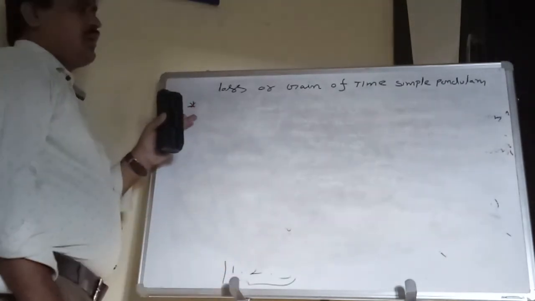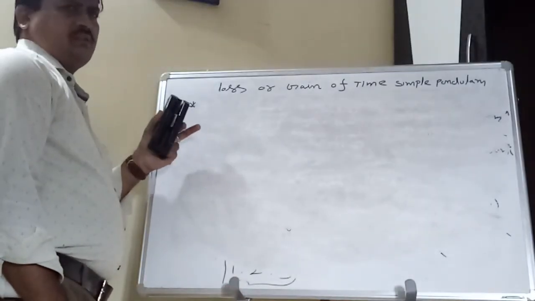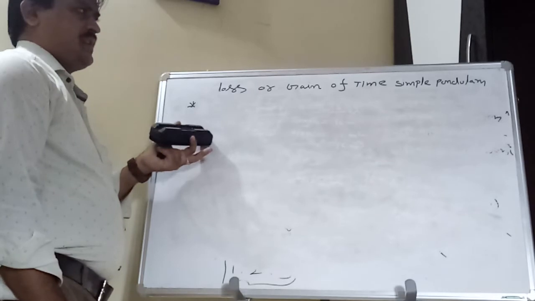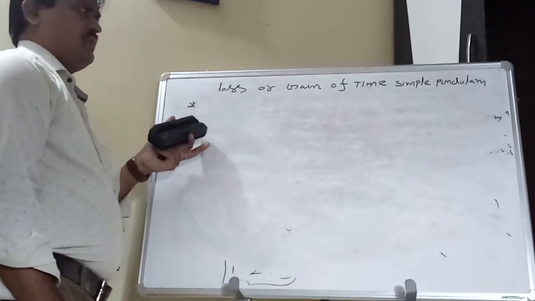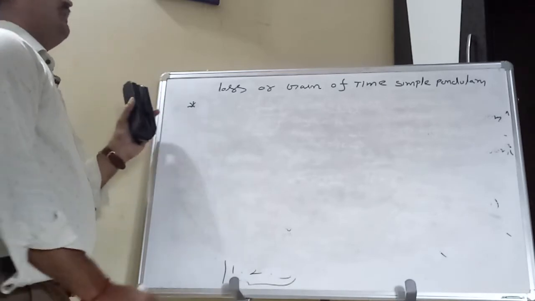So in a pendulum clock, loss of time when we increase the temperature. Okay, gain of time when we decrease the temperature.